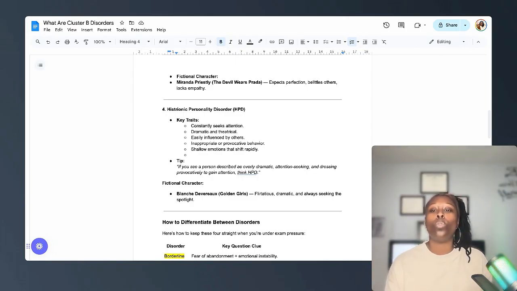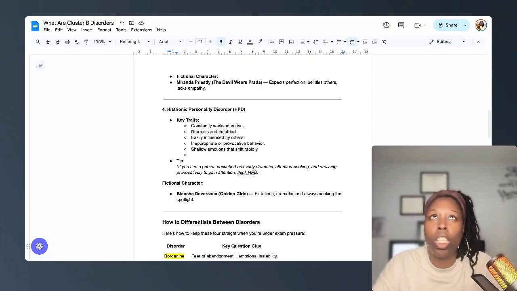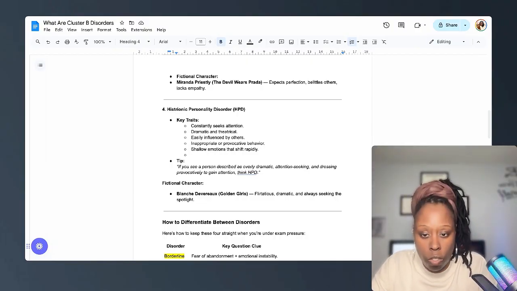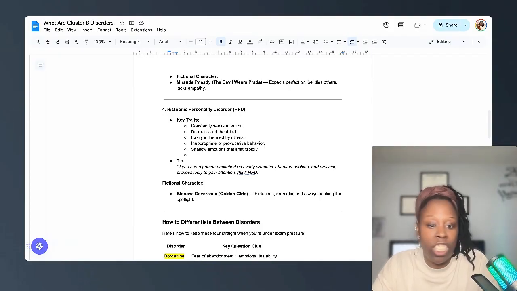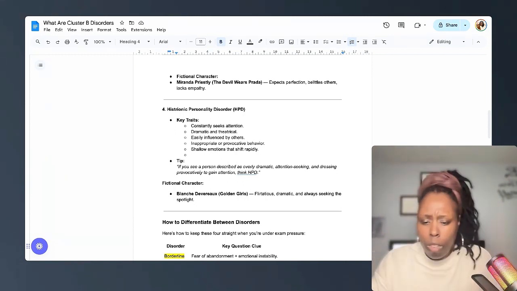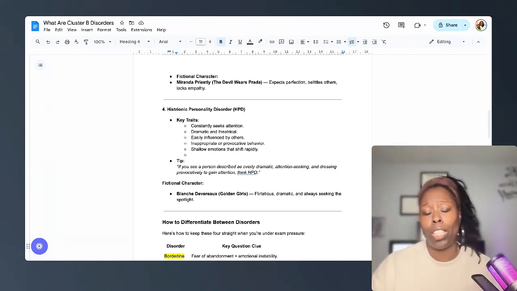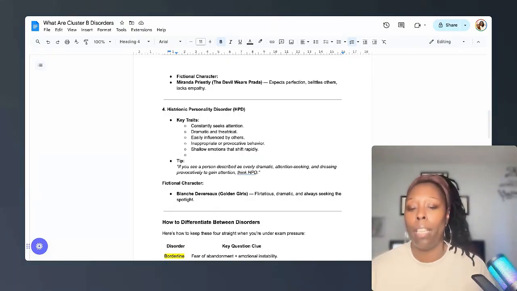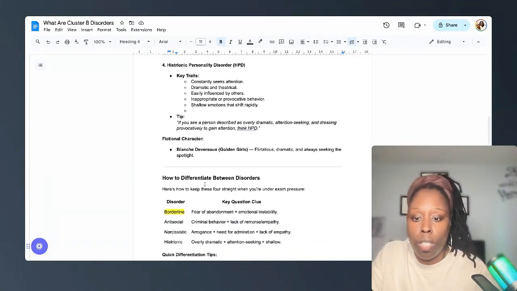I absolutely love the Golden Girls, and Blanche, oh my goodness, she is the perfect example of someone with histrionic. Remember, when you think of Blanche, she's very flirtatious, very dramatic, and always seeking to be in the spotlight. Clearly, all the characteristics of histrionic personality disorder. So keep that in mind. So when you think of the test question and you're not sure what's what, think of these characters. Hopefully they'll help bring some light to your understanding of it.